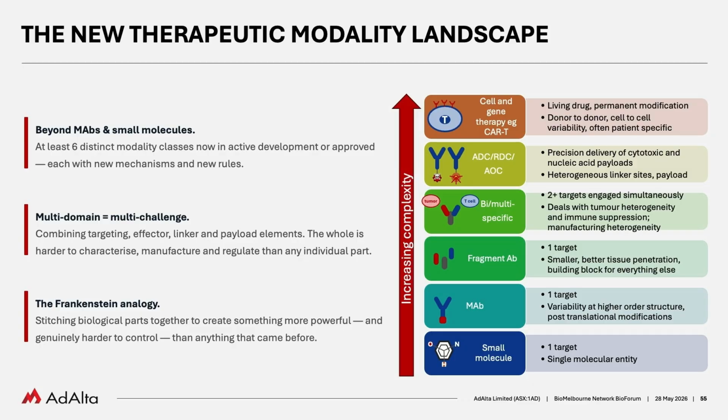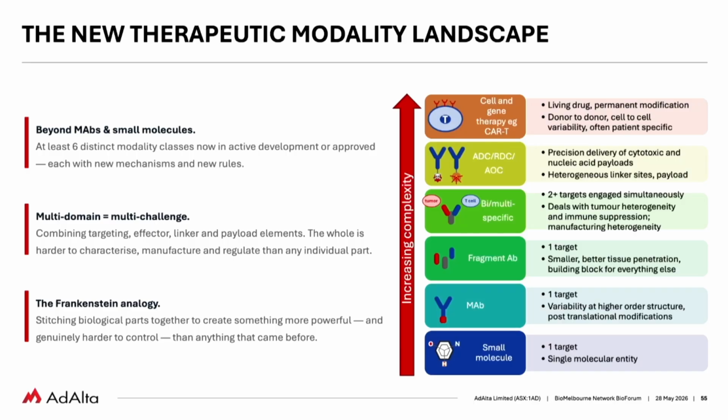And then we started putting non-amino acid things on the side of these molecules to produce RDCs, ADCs, AOCs. And these days we're even doing it with whole engineered cells when you get into the cellular immunotherapy space. So the common theme here about these new modalities is this increasing amount of complexity as we put more and more pieces together.